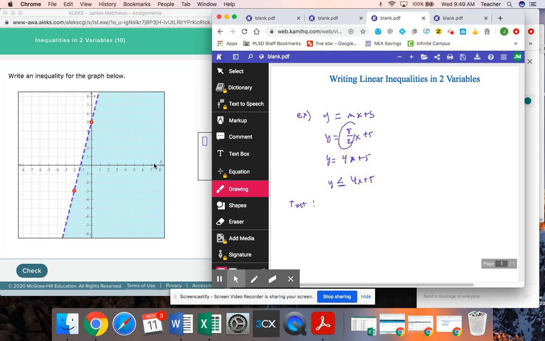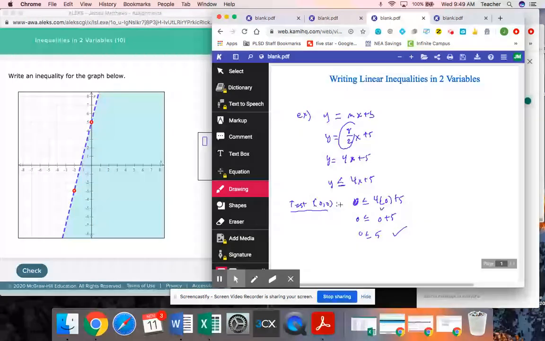I always like to use the test point 0, 0, so I'm going to use 0, 0. If I use this right here, I'll have 0 less than or equal to 4 times 0 plus 5. I'm just using a test point to see if my inequality is correct. 0 is less than or equal to 0 plus 5, so 0 is less than or equal to 5.